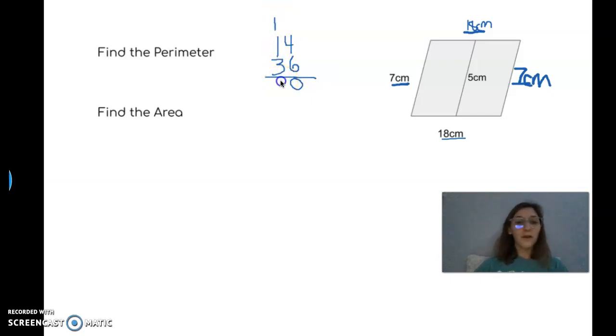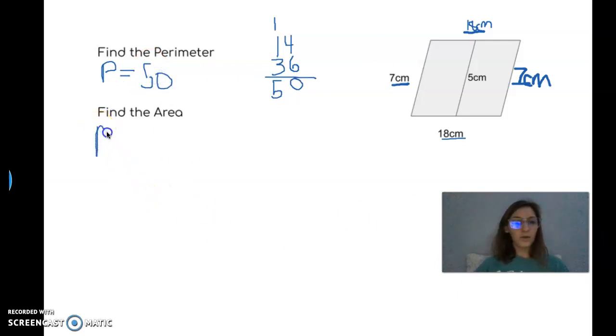This is 5. So we have another 50. Right? Okay. So P equals 50. Does anyone have any questions?